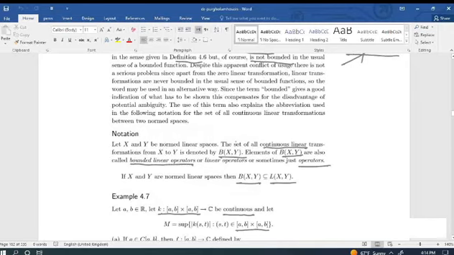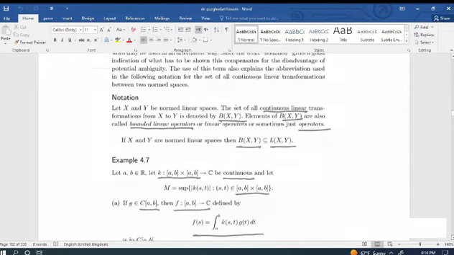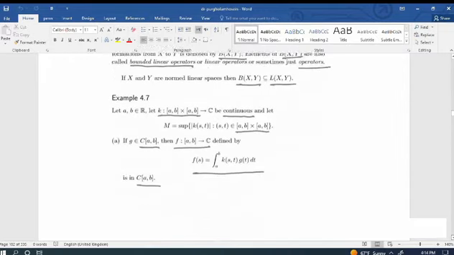I remember that we defined or determined the d of x and y, and then we had this example.